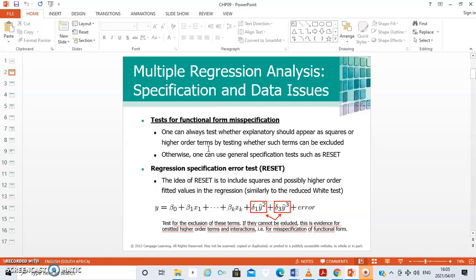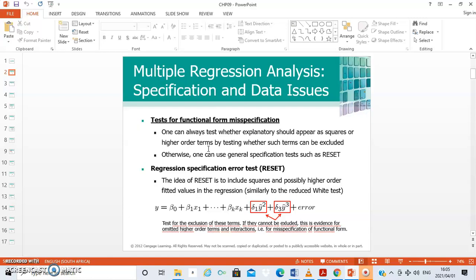Usually we would look at how the explanatory variables should appear in the model, and we would like to know whether they should appear with a power of 1, a power of 2, or to the highest power, whatever the case might be. Should we include them or should we exclude them? And so we can use some formal tests such as the regression specification error test, the so-called RESET.